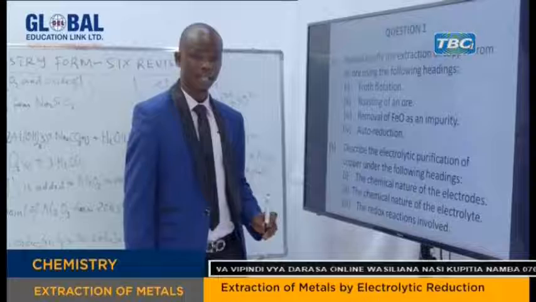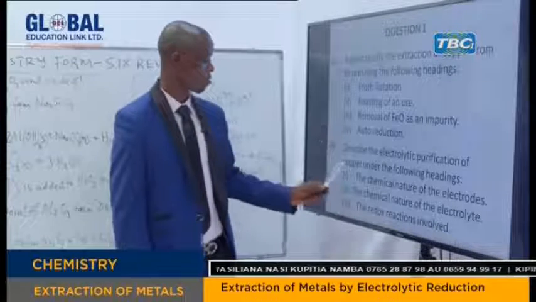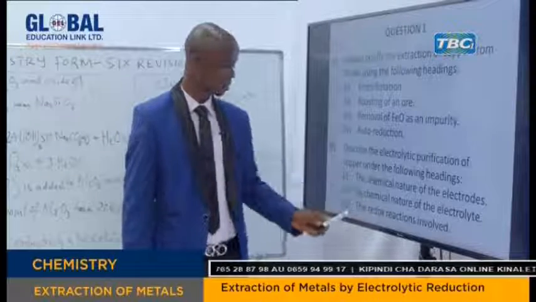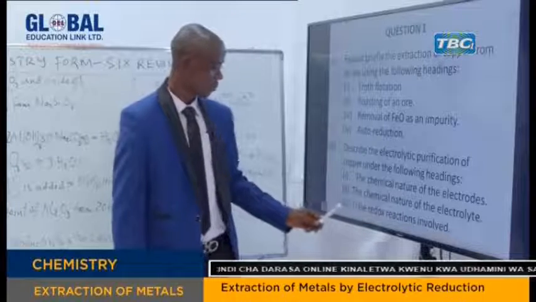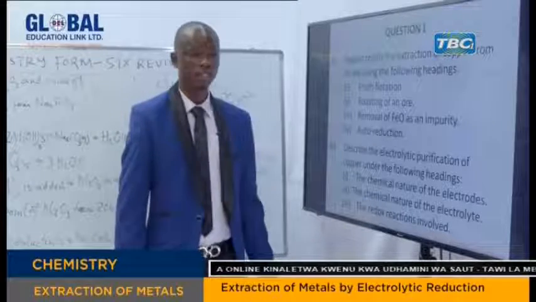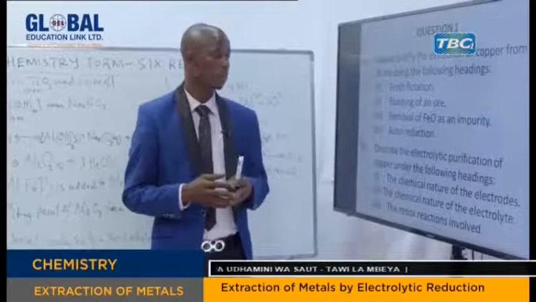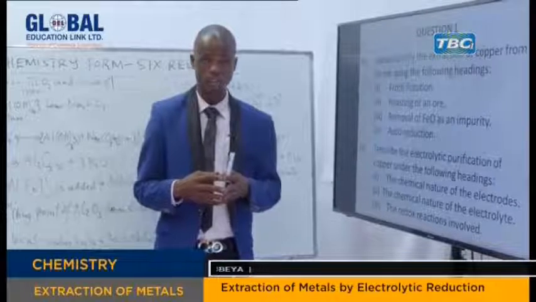That is part A. And part B, describe the electrolytic purification of copper under the following headings. Roman 1, the chemical nature of the electrodes. Roman 2, the chemical nature of the electrolyte. And Roman 3, the redox reactions involved. So this is one of the questions that you might meet when doing different examinations.